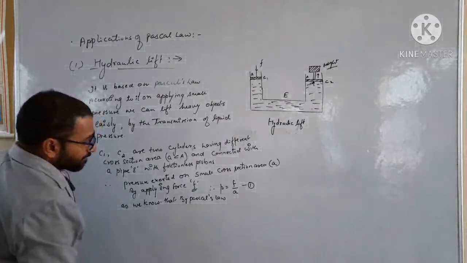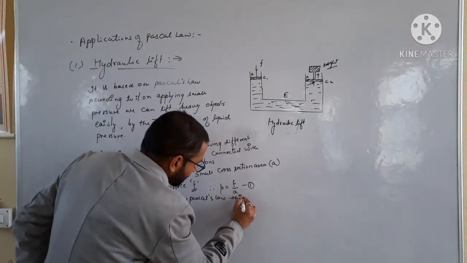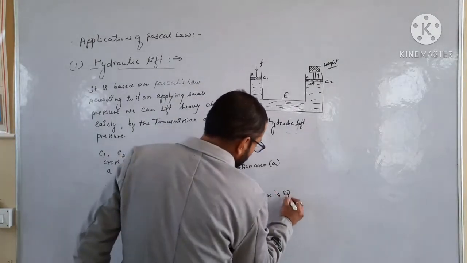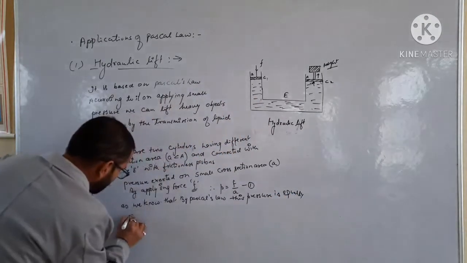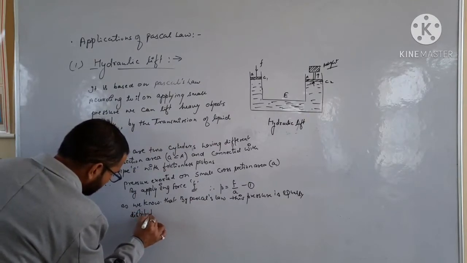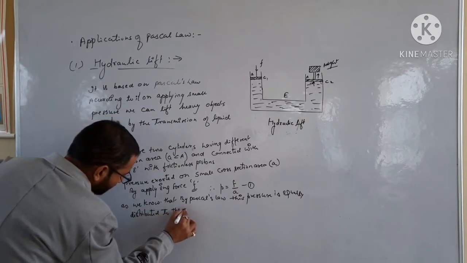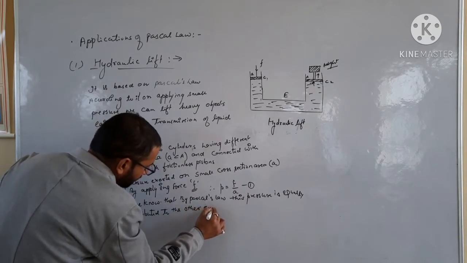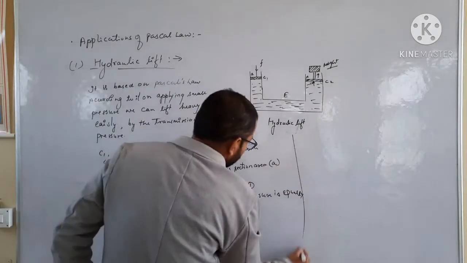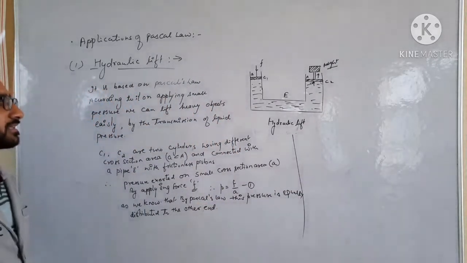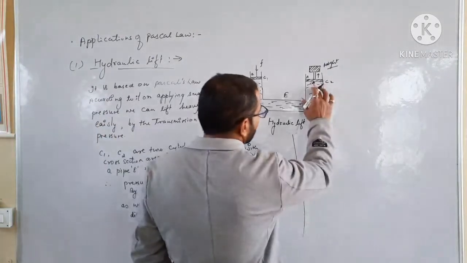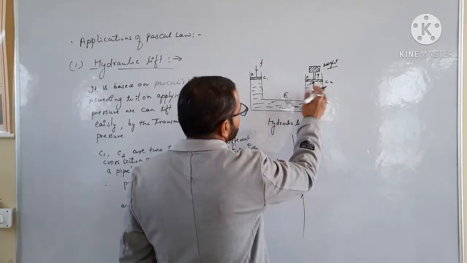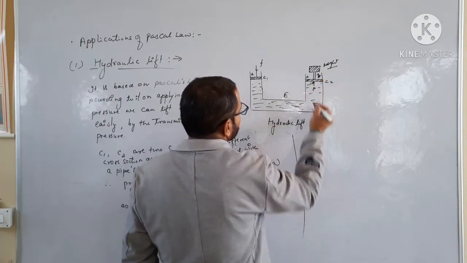So we know that by Pascal's law this pressure is equally distributed to the other end. So student, when this pressure is equally distributed to the other end, then the pressure remains constant. Listen carefully, the pressure remains constant on this side, but the force will be different. The pressure here also is P, but the force we don't know.